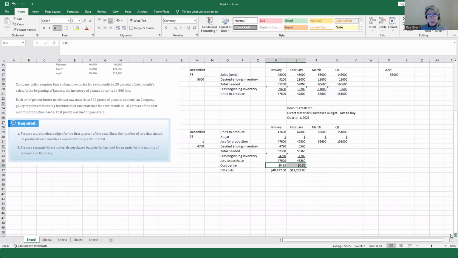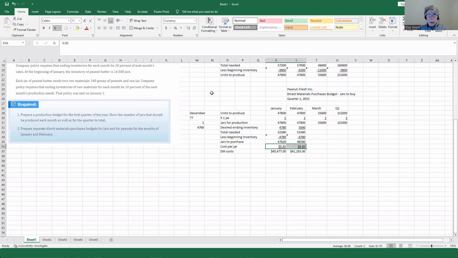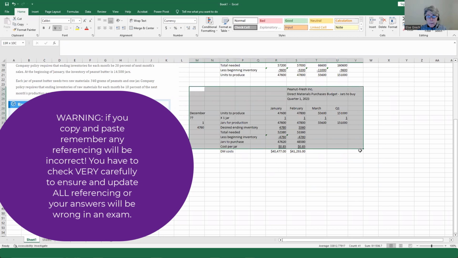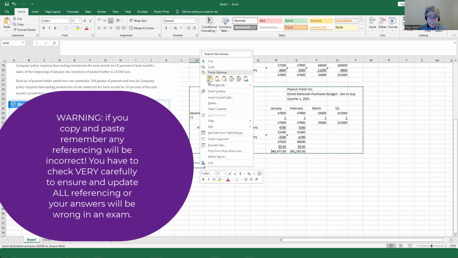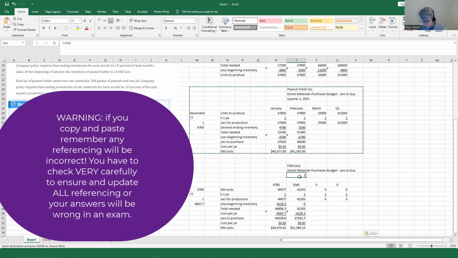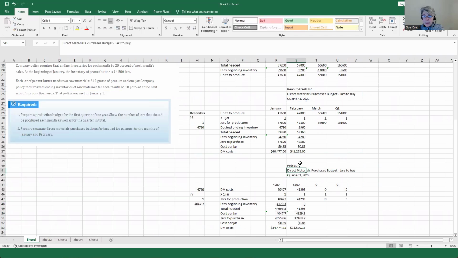Now, we've done this for jars to buy, but I can actually copy this. I'm going to copy it and paste it down here. And now I'm just going to change a few things. This is not jars to buy anymore. This is going to be peanuts. So I'm going to multiply by 340 grams of peanuts, because it tells us that we need 340 grams of peanuts right here.